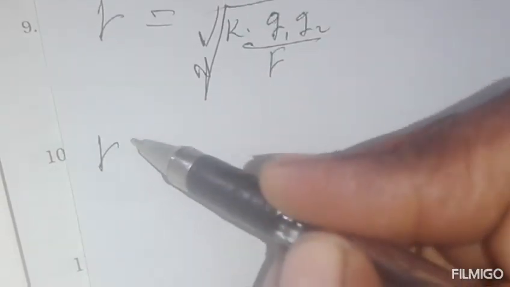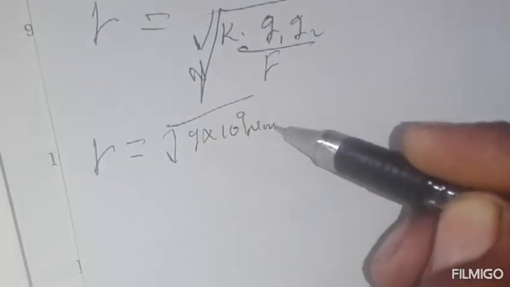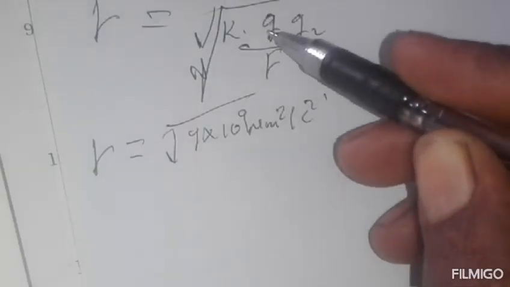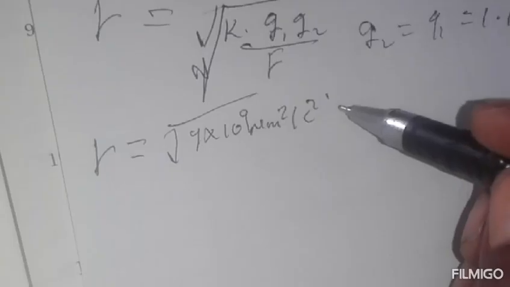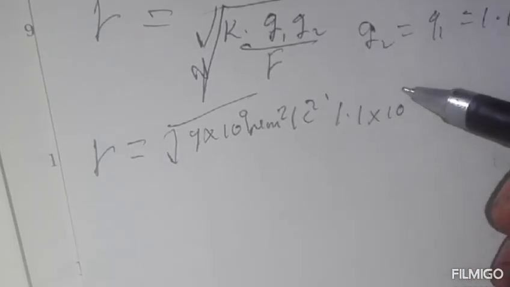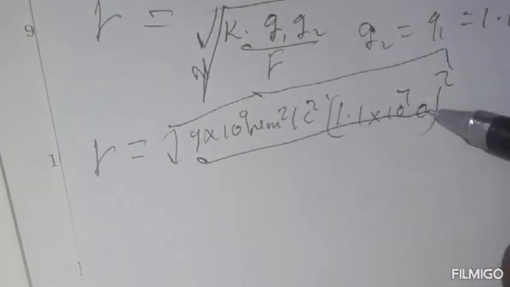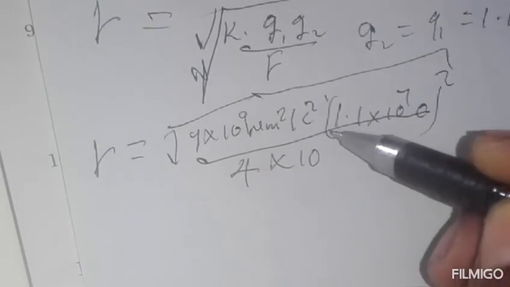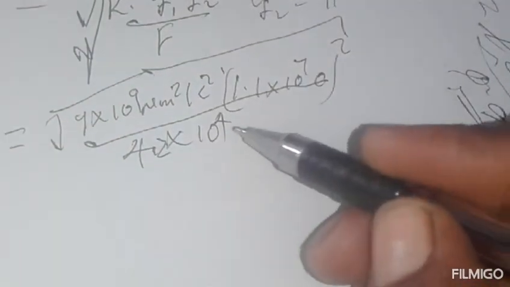So generally you have to formulate and equate simply like this. R, the distance between charges, is equal to the square root of Coulomb's constant 9 times 10 to the power of 9 Newton meter square per Coulomb square times charge 1 and charge 2, which are equal, 1.1 times 10 to the power of 7 Coulomb, the whole square, under the square root over force, 4.2 times 10 to the power of 4 Newton.